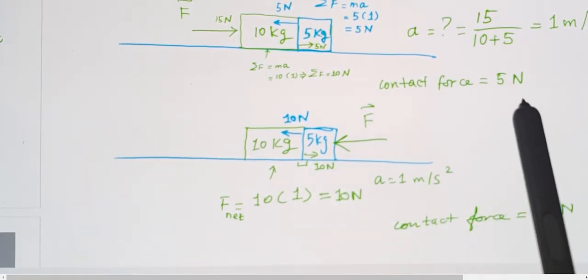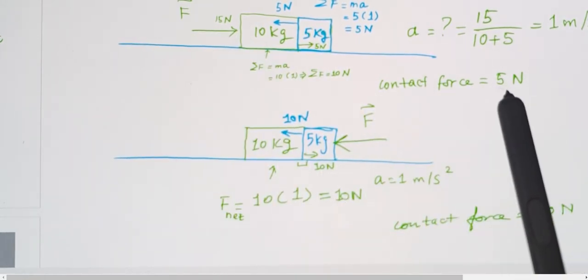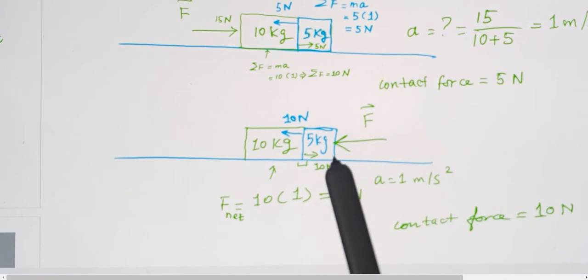So we realize that if it is from left to right, contact force 5 Newton. If it is right to left, the contact force is 10 Newton. And this is interesting because same situation, same masses, same objects. If you apply the force from right to left, it will be different than if you apply the force from left to right.